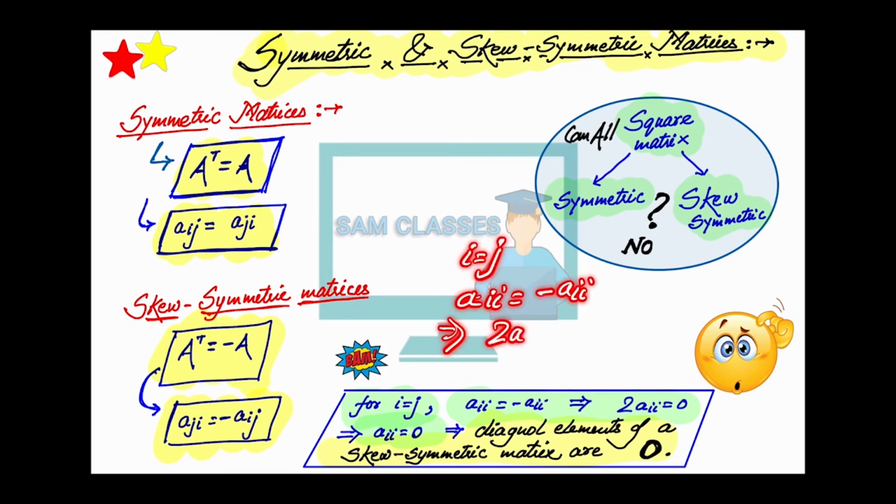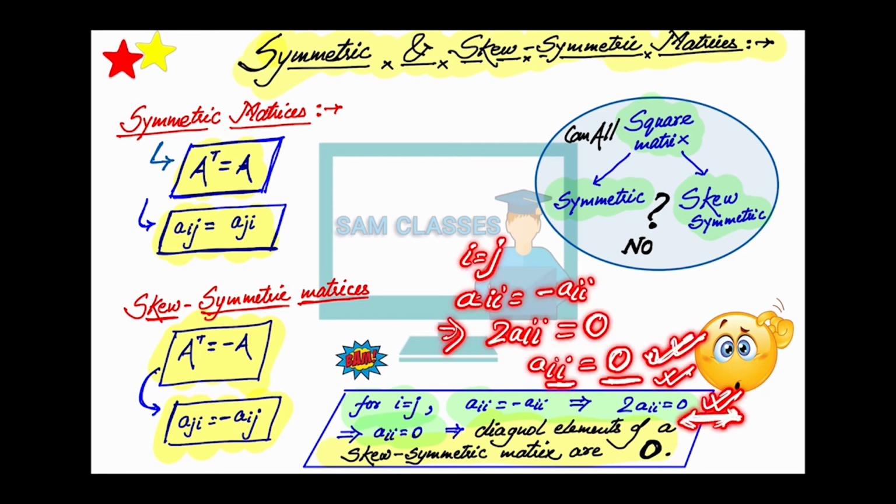Bring it both to one side. So 2 times A of ii will be equal to 0. So A of ii will be equal to 0. So for the diagonal elements where i and j are both equal, they're equal to 0, students. Very important point. Do write it down and make a note. And if you want, you can upload your notes. We can check and comment on whether you're doing it well, or give you a few pointers.